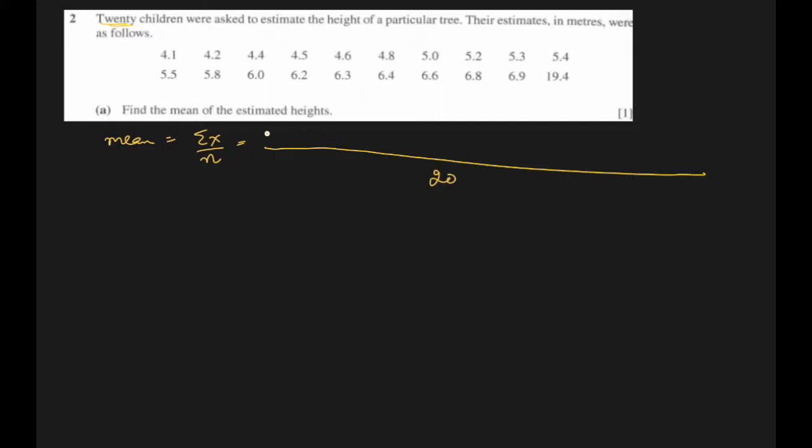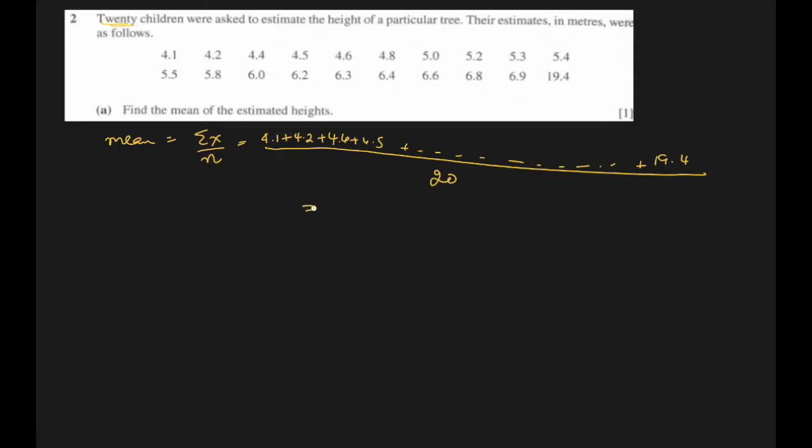Now let's add them. 4.1, okay, there is 19.4 also. All right, so just use your calculator to add all these and find their mean.